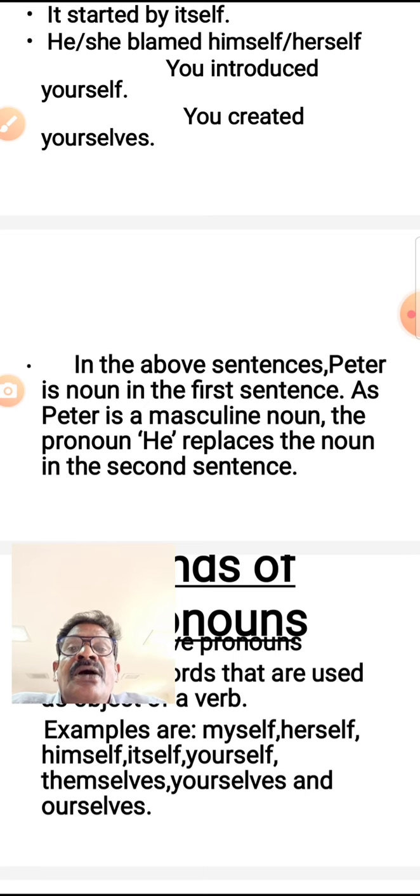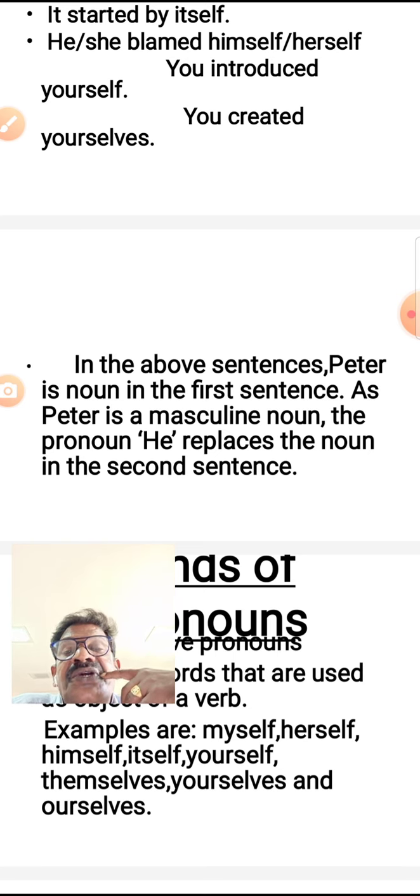Now let us come to the explanation of above sentences. In the above sentences, Peter is a noun in the first sentence, right? As Peter is a masculine noun, the pronoun he replaces the noun in the second sentence. Peter is an engineer and he lives in New York.